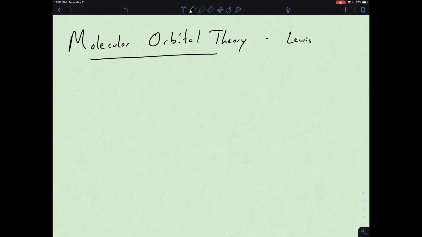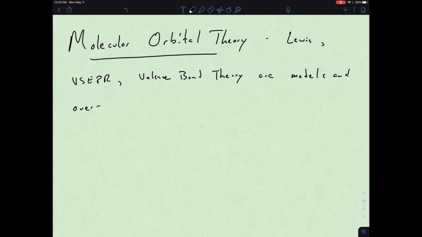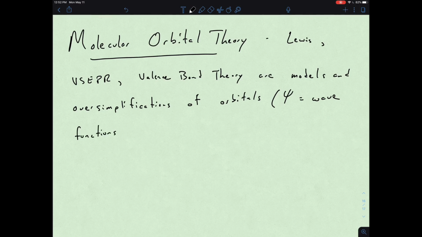Lewis, VSEPR, and valence bond theory are models and really an oversimplification of orbitals or wave functions being combined.